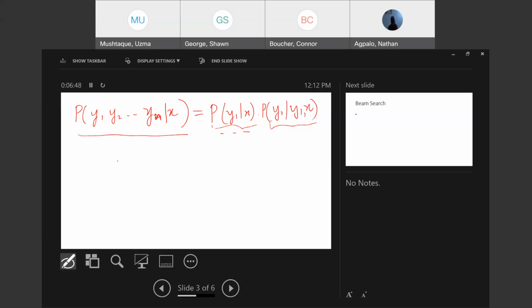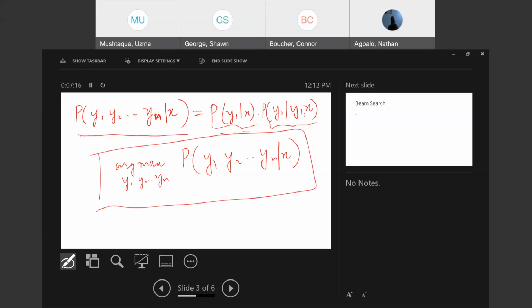What I'm trying to solve is the argmax over all the y's of this conditional probability of getting y1 to yn given x. So the words that maximize this probability should be my eventual goal. Because obviously in the other language, there could be multiple ways of representing these words. And so my goal, regardless of whatever it is, is this.